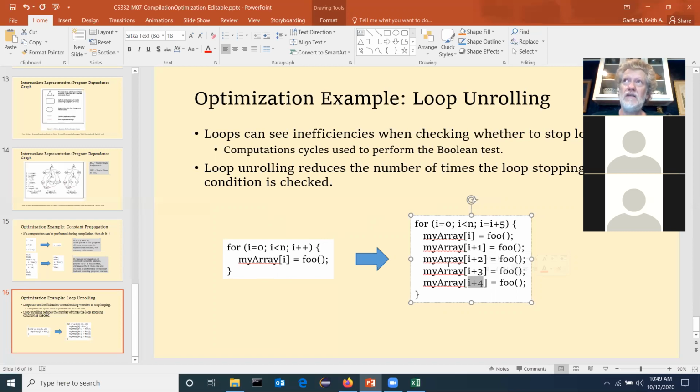Now, is that efficient in terms of memory space? Not so much. Is that efficient in terms of execution time? Yeah. So sometimes there are trade-offs here. But these are the kinds of cute tricks that people have looked at over the decades to get compilers to become efficient.